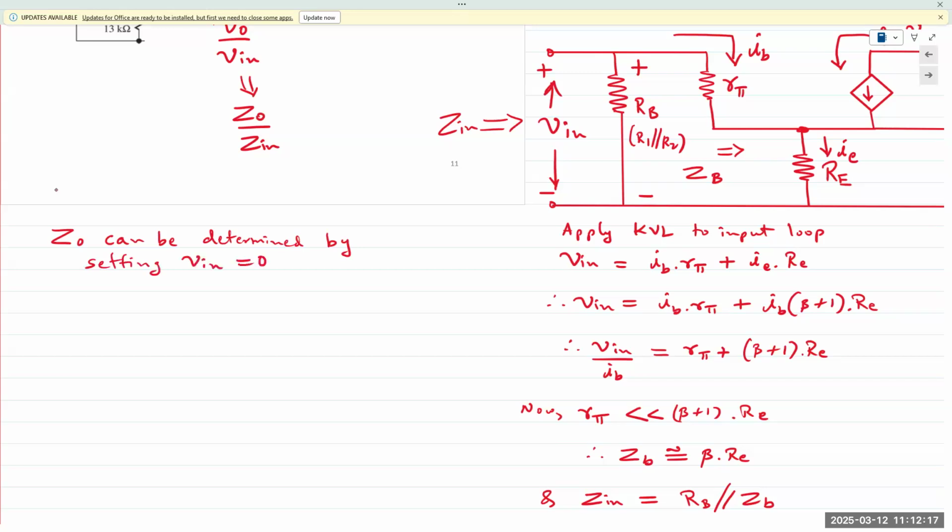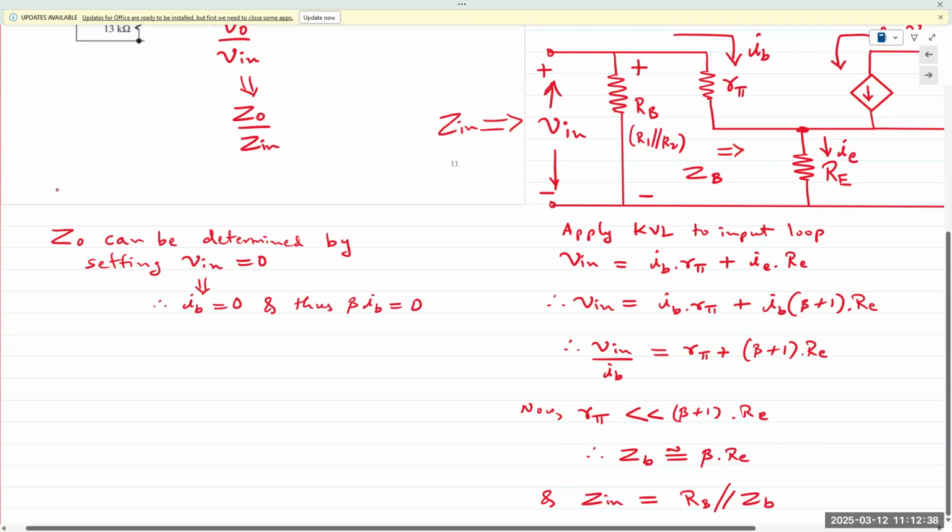So V in is equal to 0. From this, we can state that IB would be 0, and therefore beta IB is also 0. Right? We want to eliminate as many variables as possible.